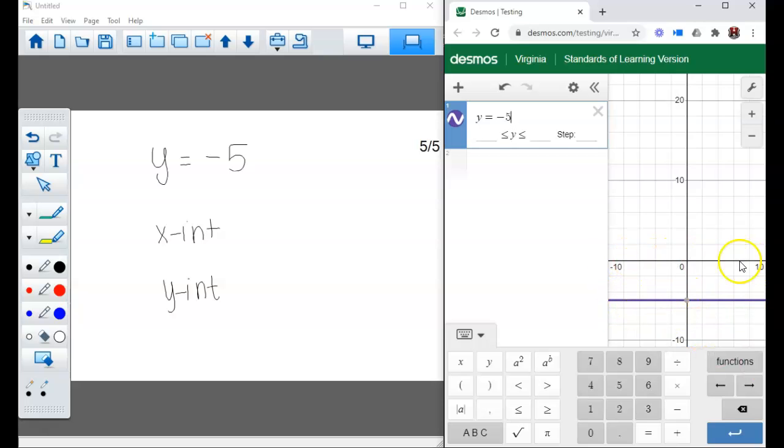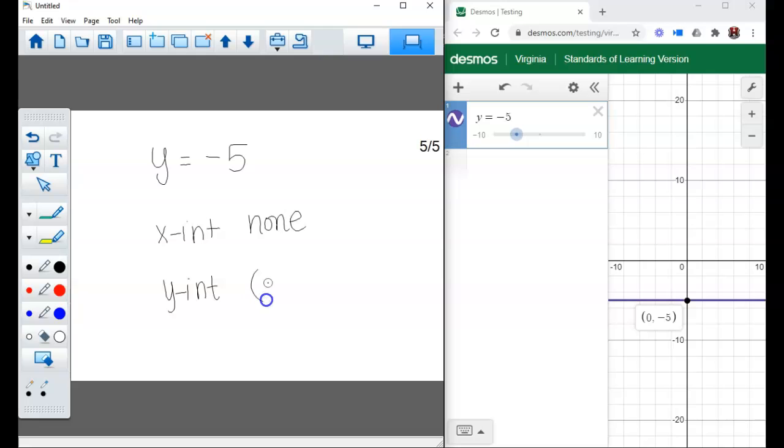So notice this line is not crossing the x-axis. So there would be no x-intercept. And then I'm crossing the y-axis right there at 0, -5. So if they give you an equation and they ask you to graph it, or they ask you to find the x and the y intercepts, you can do all of that on this Desmos calculator over here.